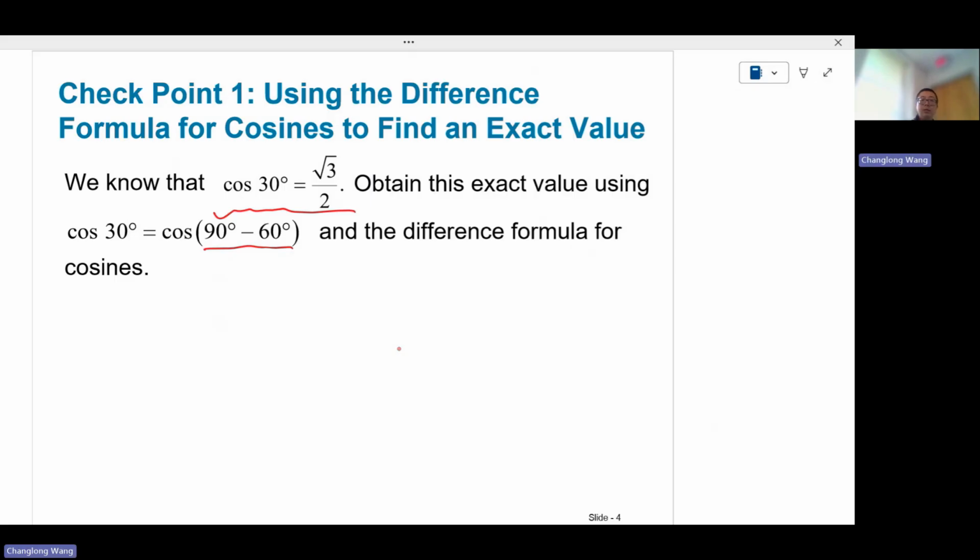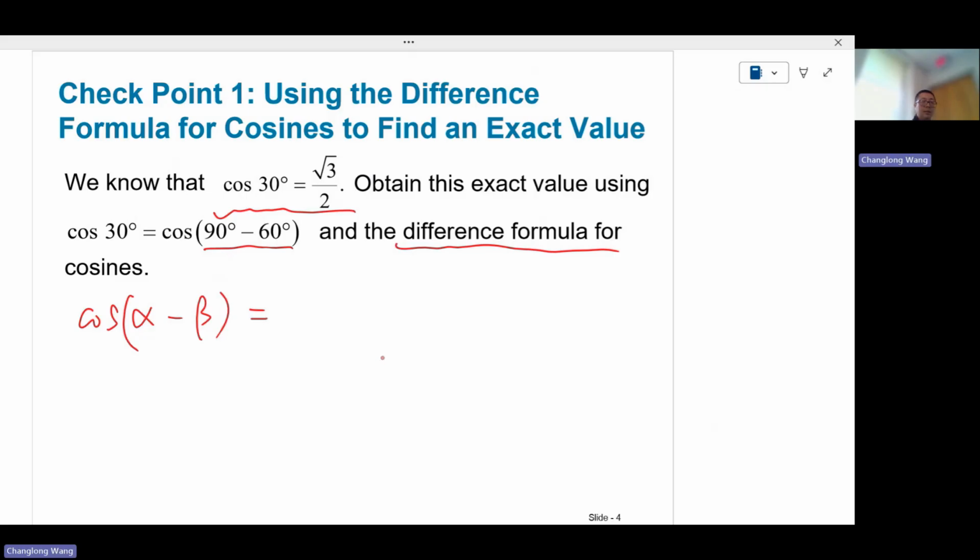And you can also see how you can apply this fancy formula of a difference of angles for cosine. Let's try it. So we have cosine of a difference of two angles. Let's take this chance to remember how to expand cosine of alpha minus beta.